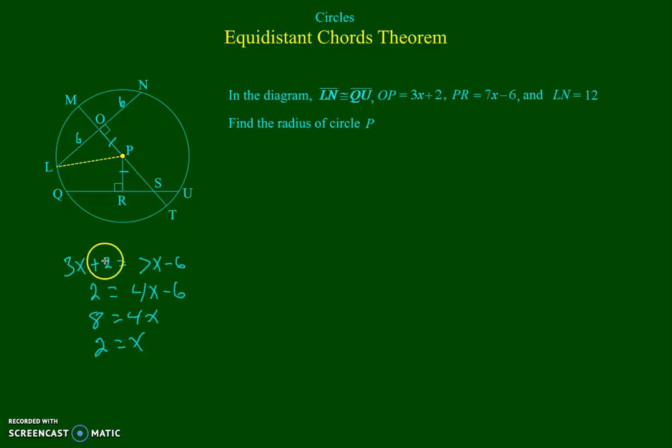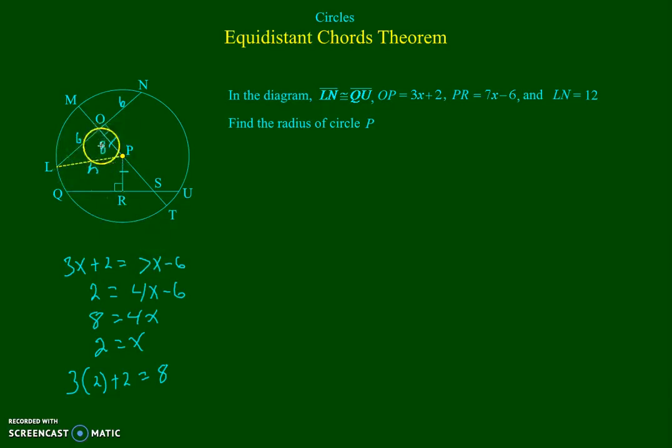That means each one of these distances is going to be given here. Let's substitute this in here. 3 times 2 plus 2 gives us 6 plus 2, 8. So we know that this piece is 8, and we're only left with finding this one, the hypotenuse.